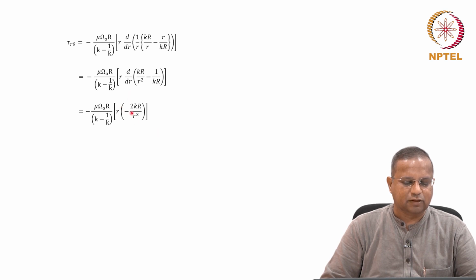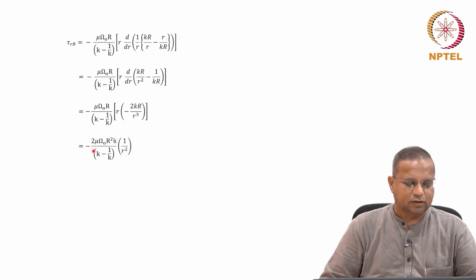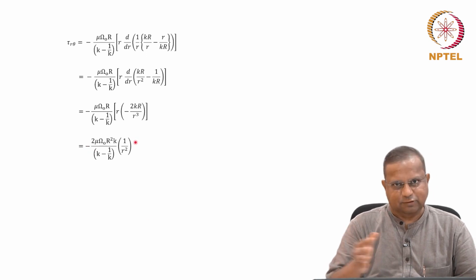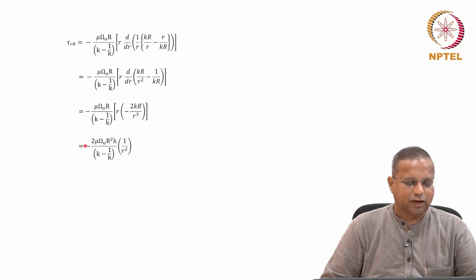And therefore, you have minus 2 k r by r cubed. And here is another r that is sitting there. I'm showing you step by step. Some of you might feel bored, so just fast forward now. Minus 2 mu omega naught r squared k, I'm just putting all together, k minus 1 by k times 1 by r squared, which can be written as minus 2 mu omega naught r squared k squared divided by k squared minus 1.